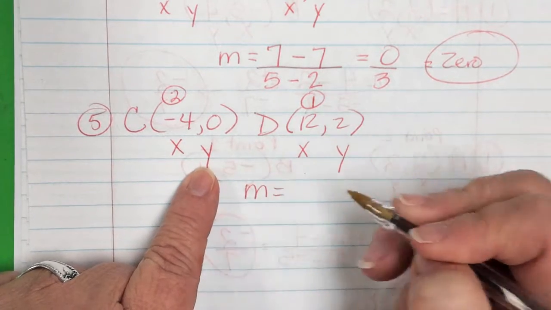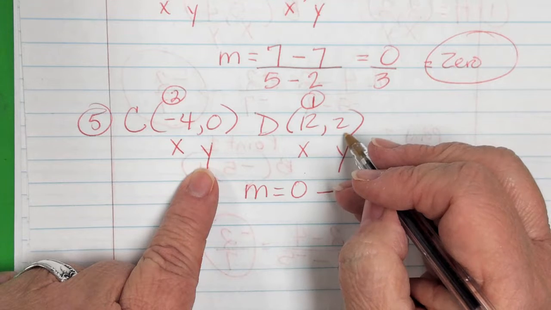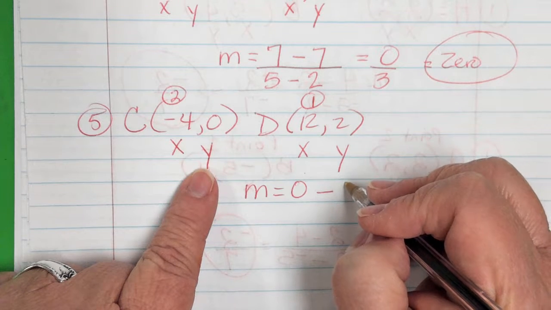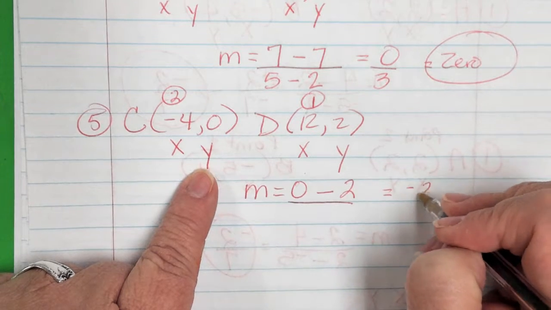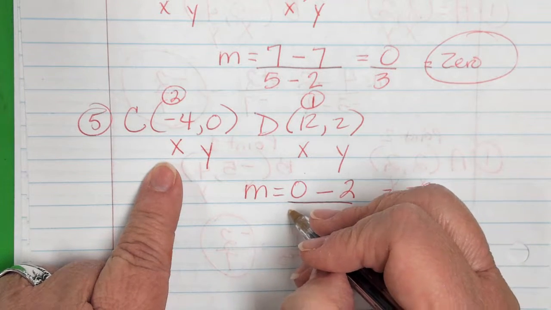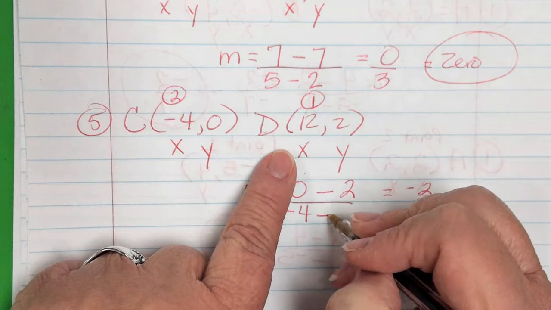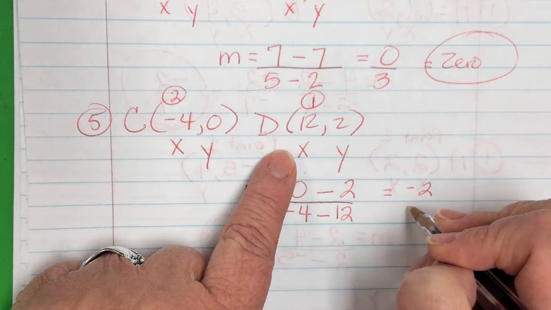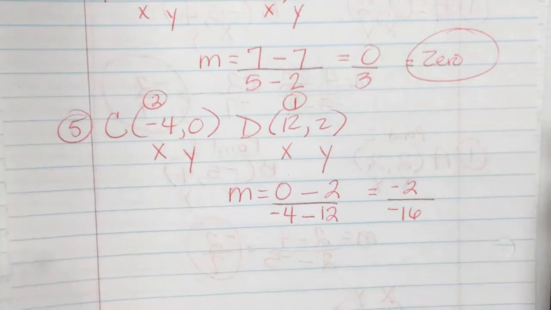Slope equals y2 minus the y value from point 1. That's going to be negative 2. The x value of point 2, which is negative 4, minus the x value of point 1. We get negative 16.